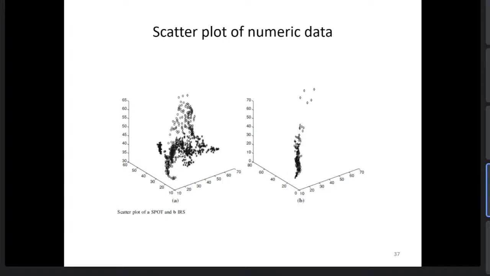For the IRS data, although there are four bands, we have taken three bands because four bands cannot be shown in a picture. We used MATLAB to show the scatter plot of the data, and you see, very importantly, that the pixels are extremely overlapping and very difficult to classify. So to see the data pattern we have used the scatter plot, which I showed in earlier slides. Now move to the next slide.